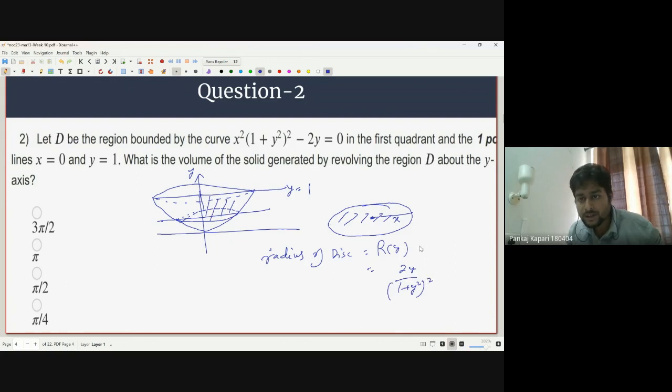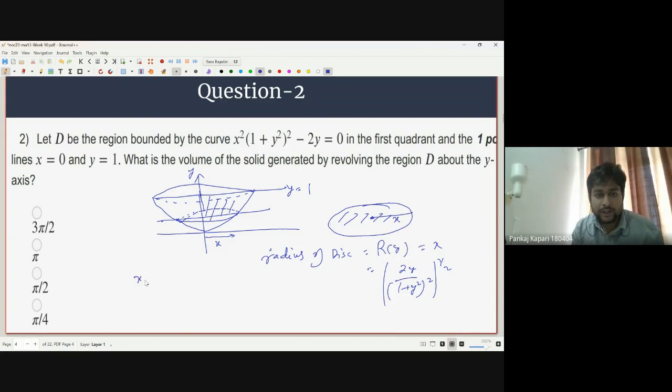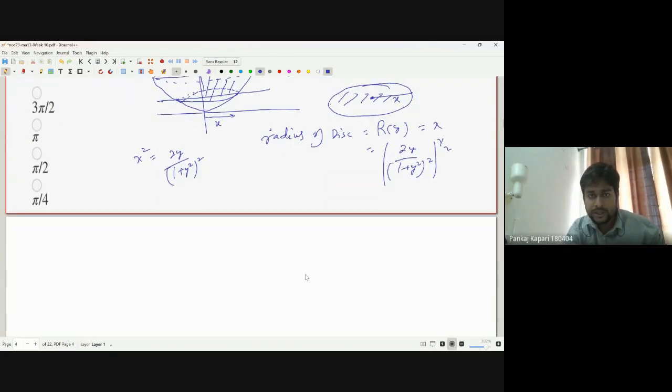This radius was just x, the distance from the y-axis. But because we want to write it as a function of y, we are writing it like this, because our equation says that x square is equal to 2y divided by (1 plus y square) whole square. So that's why we have this radius.